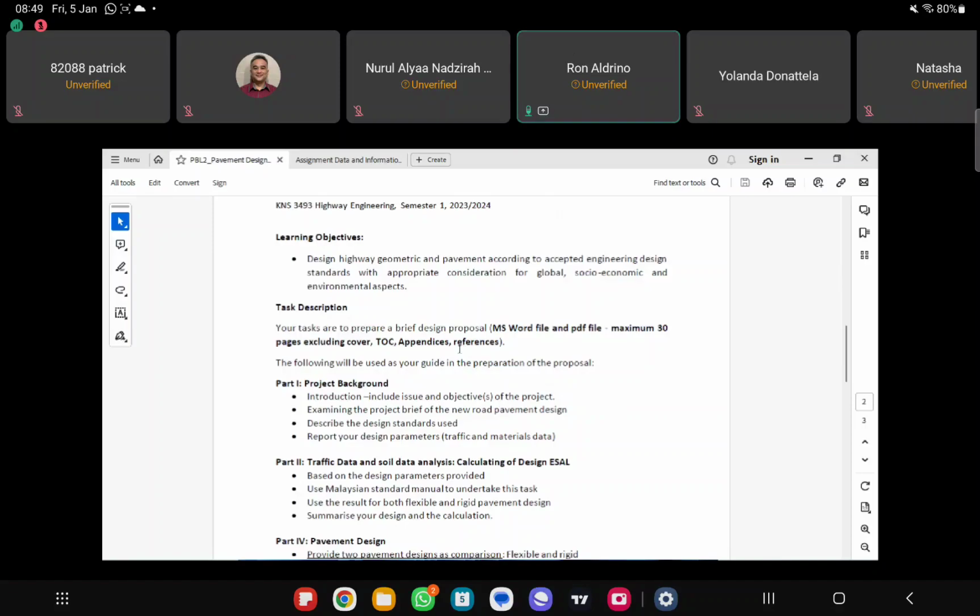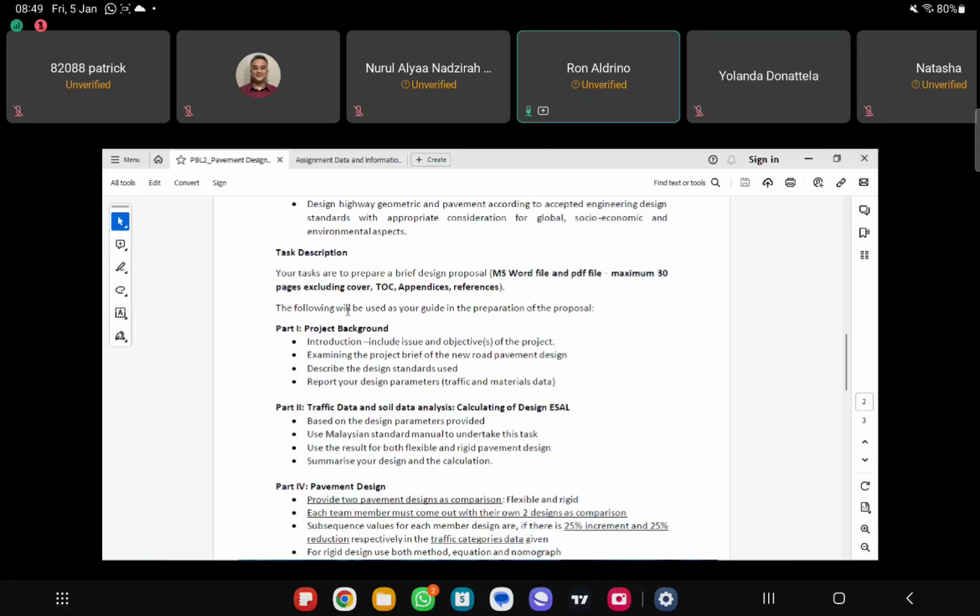So try to keep it to not more than 30 pages. If you need 30 pages, then no choice. This is the guideline for your preparation.